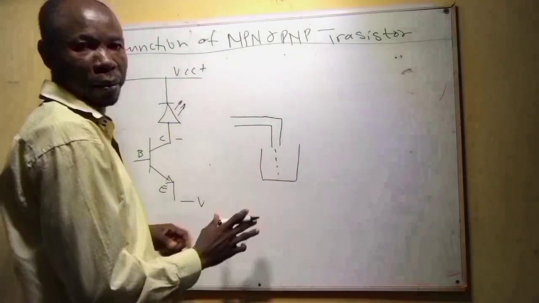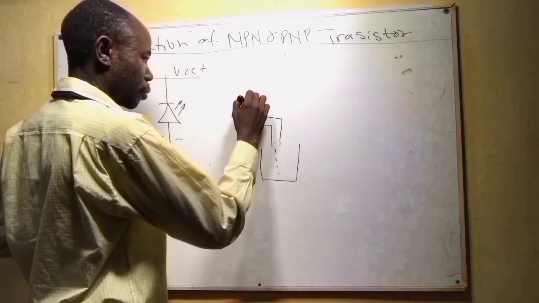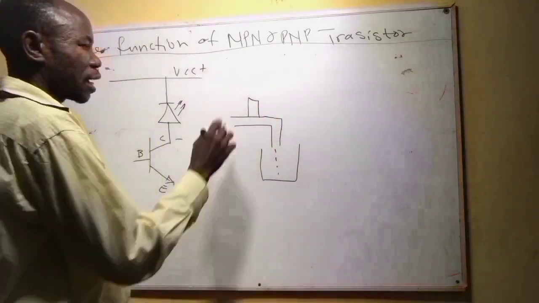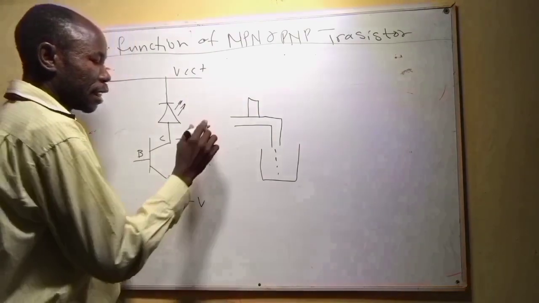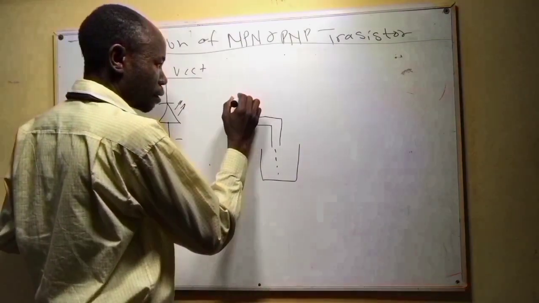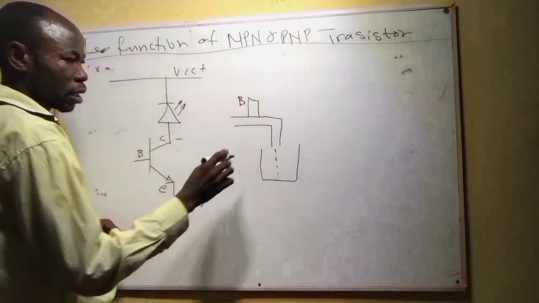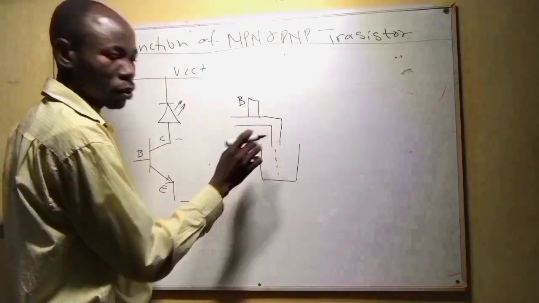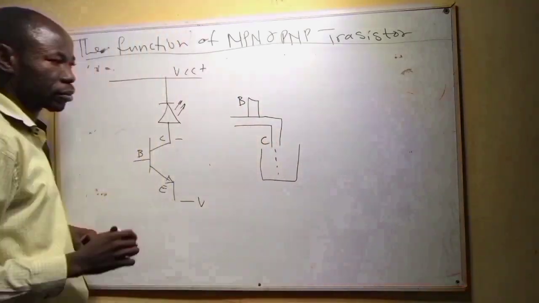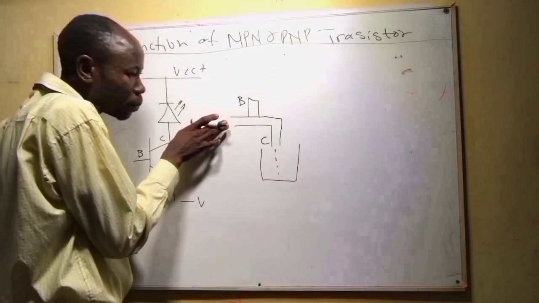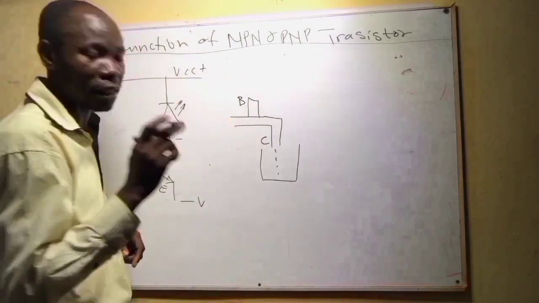This is a tapping pipe. And from it, here is the base. And this out is what? The collector. And this place is the source, like a MOSFET.